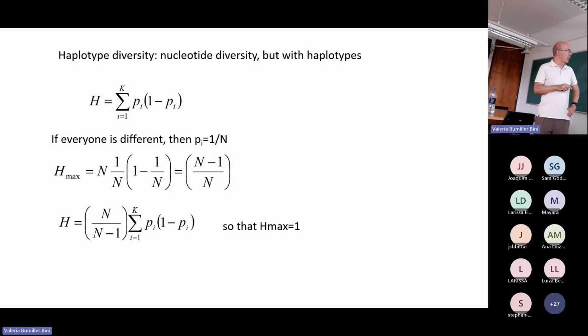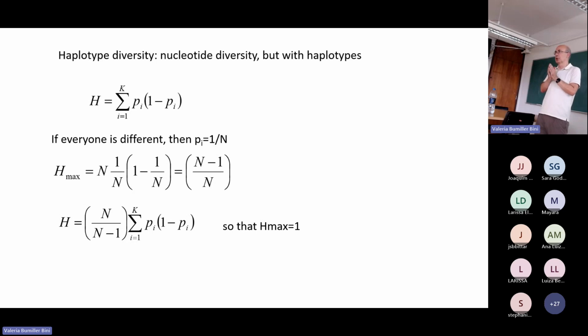So now, if we take the H value that we have observed and divide it by this quantity, so that's why it's upside down, then now we have a measure that goes between 0 and 1.